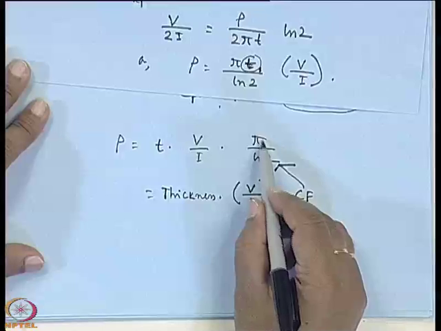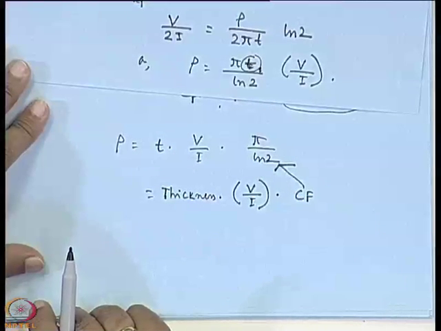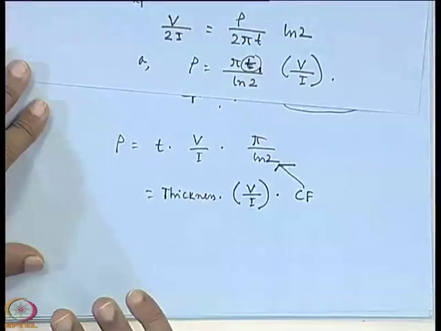This is the correction factor pi by ln 2, and it can be different for different materials. Remember that in this particular case we have considered that the current rings will be there, or that it is of uniform thickness, but in actual practice there may be some difference from the ideal sample situation.